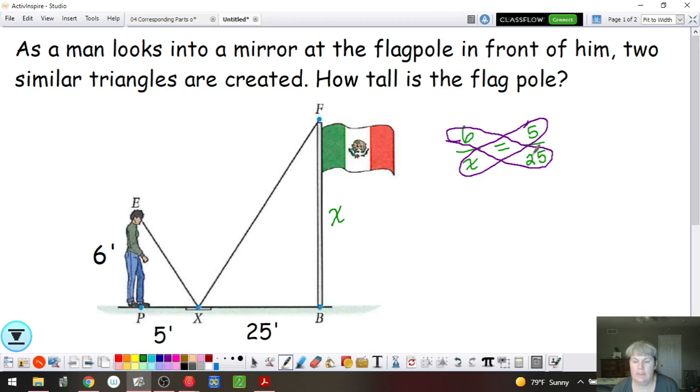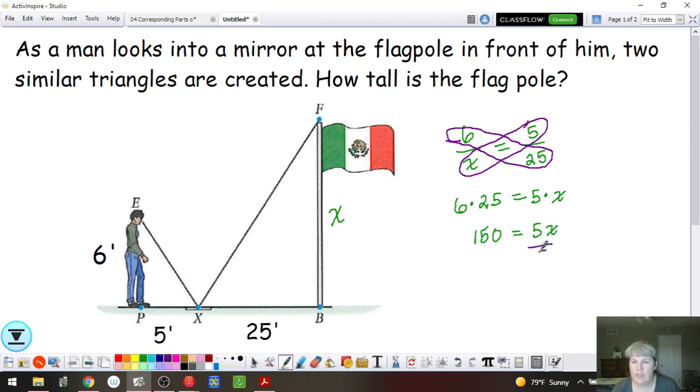So we have 6 times 25 equals 5 times X. 6 times 25 is going to be 150 equals 5x.